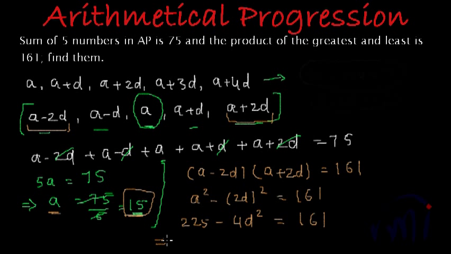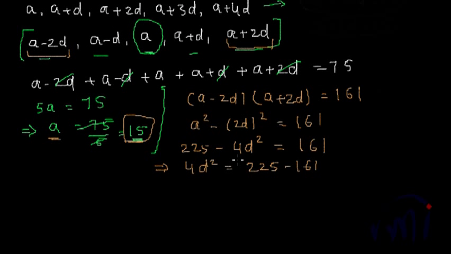And from here we will get 4d square is equal to 225 minus 161, right? And if we solve it further, we will get 4d square is equal to 64.